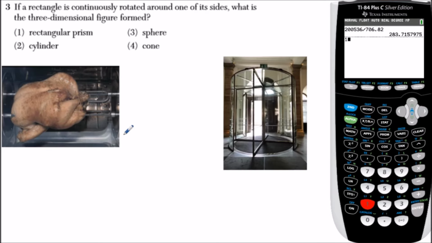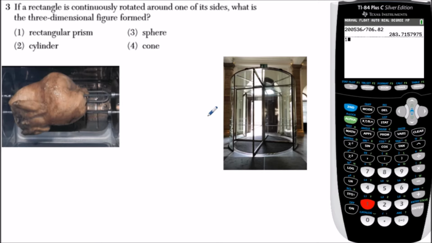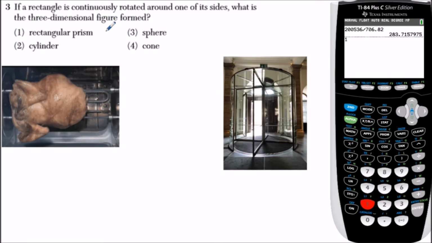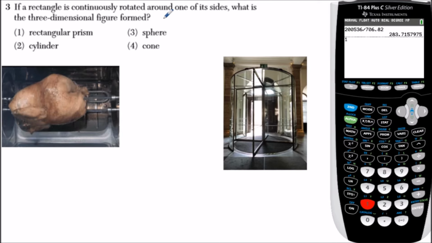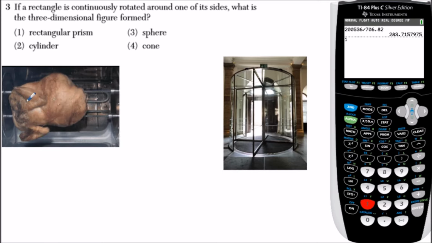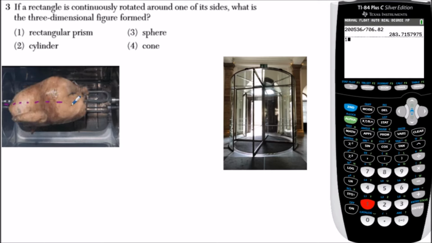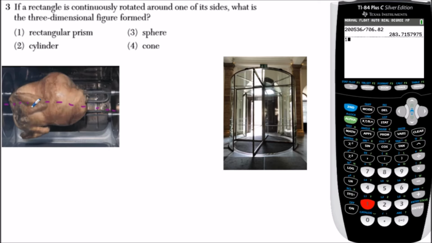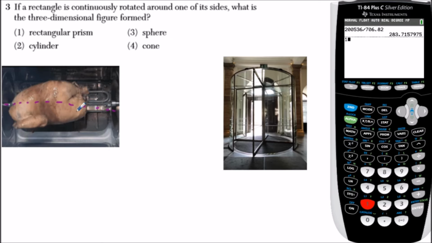Okay, for this question, there's a lot of visual prompts here. So the question is, if a rectangle is rotated around one of its sides continuously, what 3D figure is formed? The reason why there's this delicious chicken up here is that this is how I see it in my head. We have to be able to see what it means to rotate something.